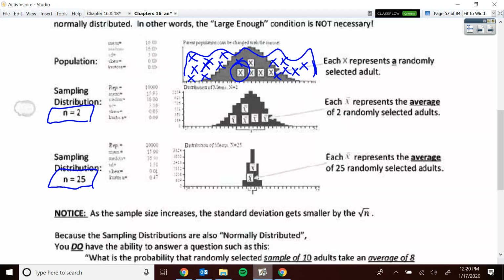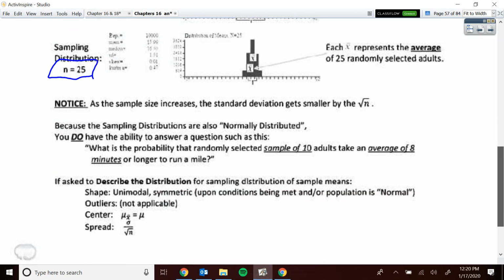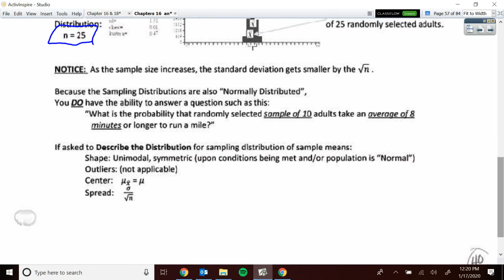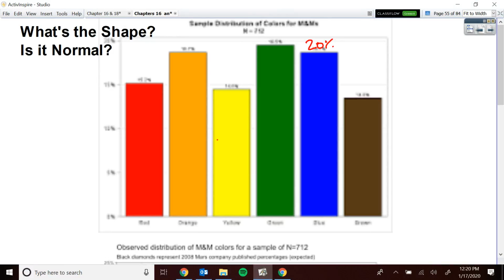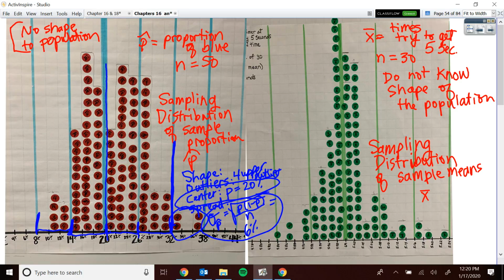So when we take a look at this page, let's describe the distribution of your times yesterday, right here on the right. Here's the green ones. What do you want to say the shape is? Unimodal, somewhat symmetric.